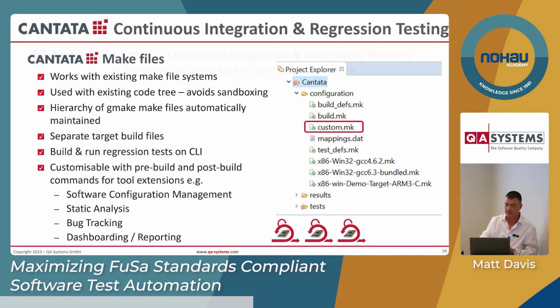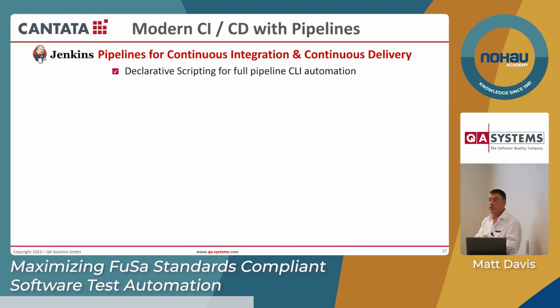Lots of possibilities. In terms of continuous running and building, most people adopt Jenkins. Some people do Bamboo, but it's a tiny proportion of the market. The main thing around Jenkins is the shift to pipelines. Declarative scripting is used for full pipeline automation.